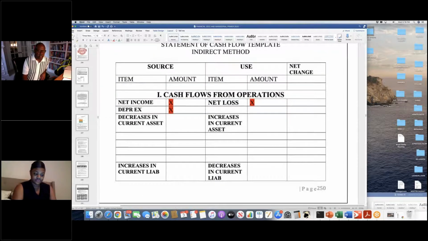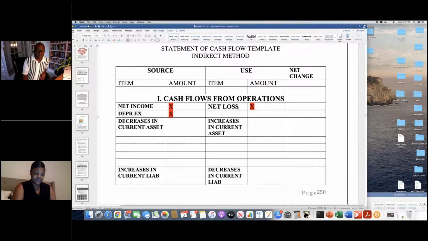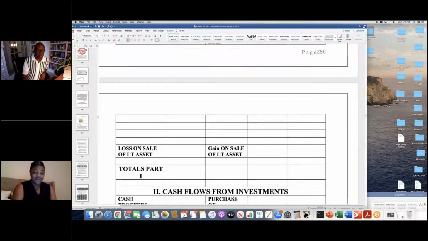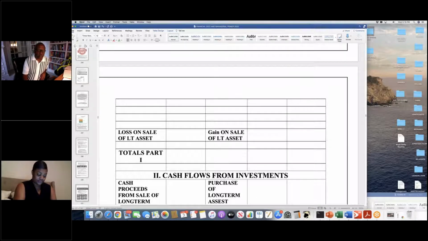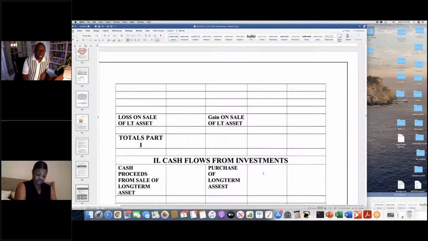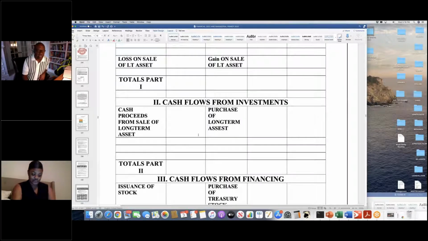And the key thing you need to know is that when we're looking at cash flow from operations, the total from part 1, sources minus uses, needs to be positive. Cash flow from investments, we would love for this to be negative. That is, you purchase more than you sell.